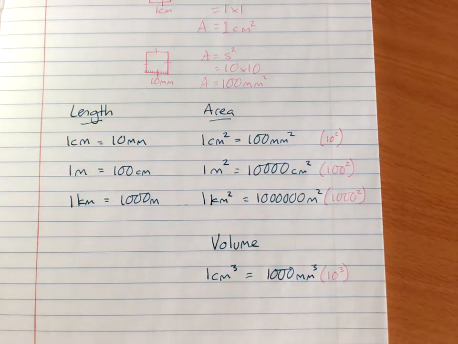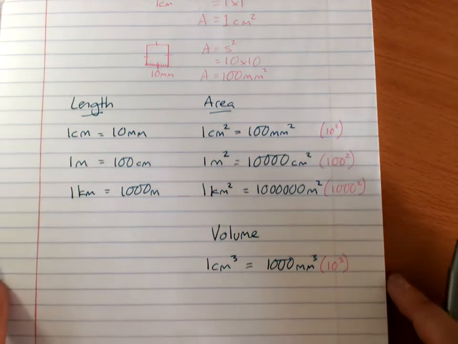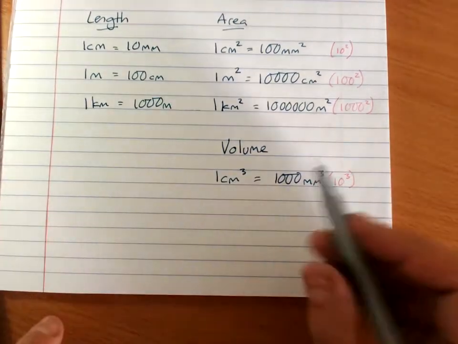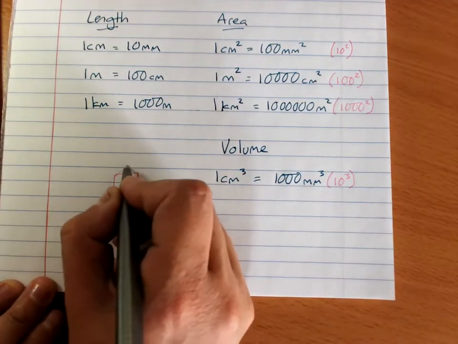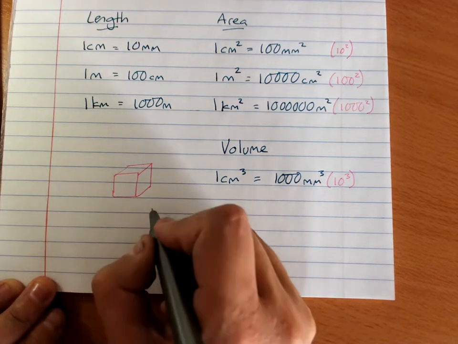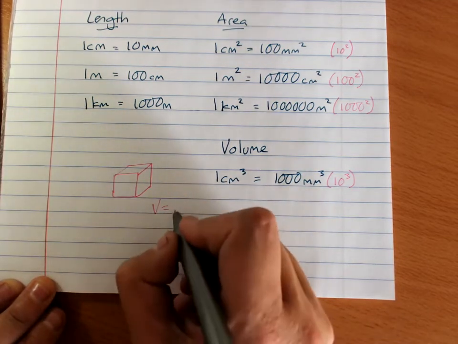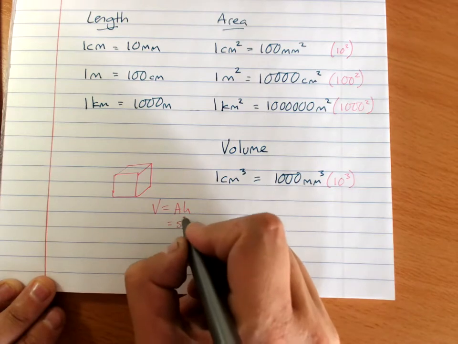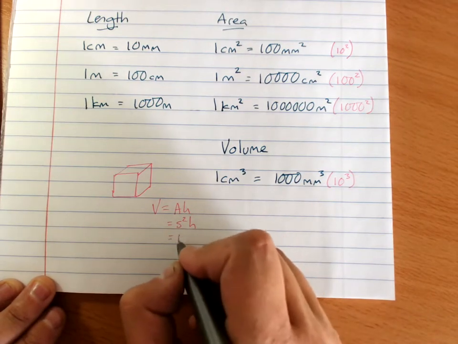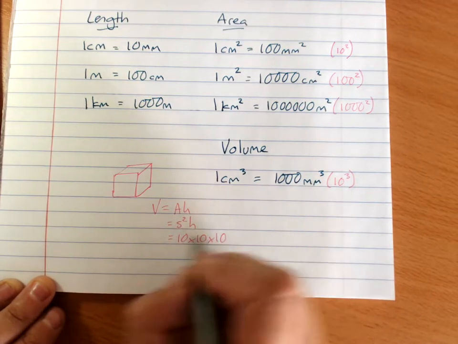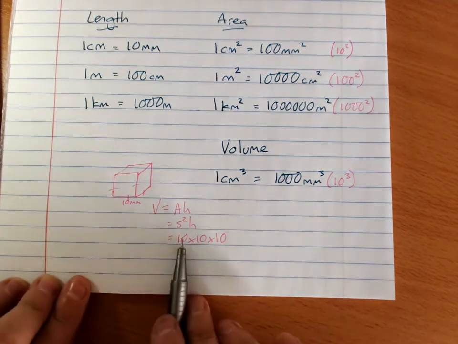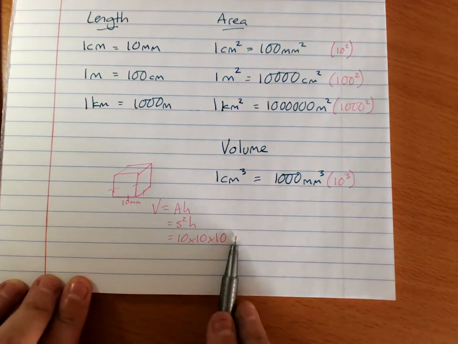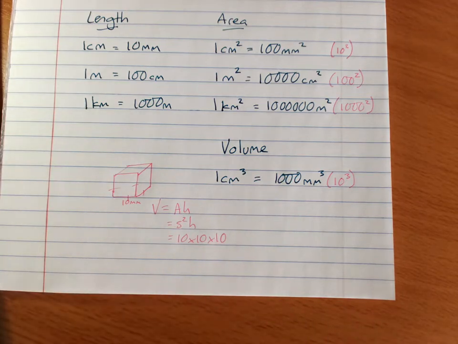And it makes sense if you think about it. If you drew that, here is 1 centimetre cubed. Its volume is area times height, which is side squared times height, which is 10 by 10 by 10. If that's 10 millimetres, I've cubed the length relationship.